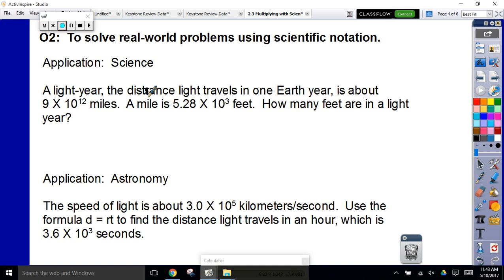And it's about 9 times 10 to the 12th miles. A mile is 5.28 times 10 to the 3rd feet. And we want to know how many feet are in a light year. What are we going to do to these numbers to find out the answer? What operation do we need to perform?